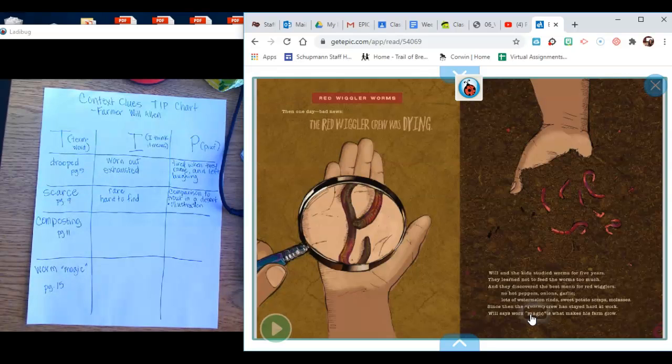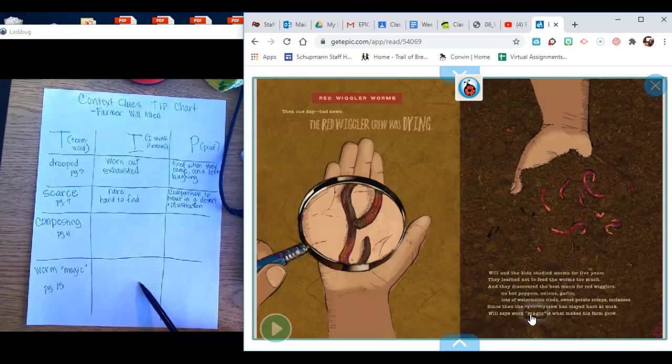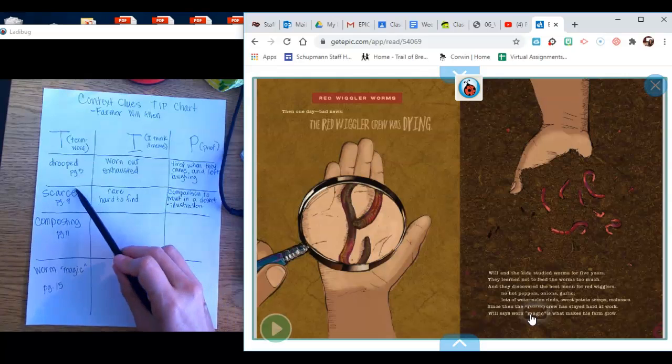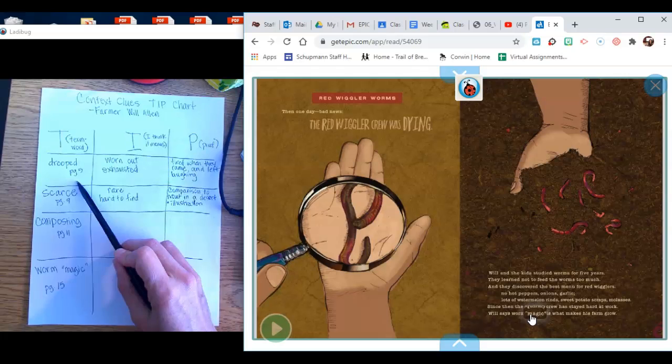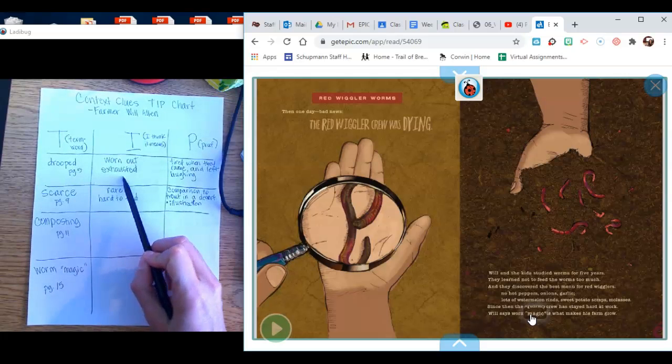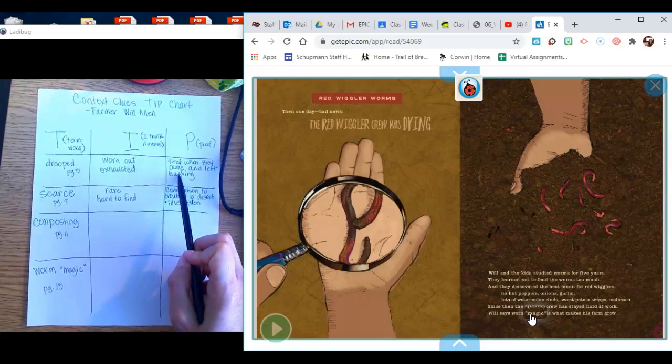But also included in your assignment is a Google form. Once this is filled out, that Google form is going to be incredibly easy because on the Google form, it asks you on page 5, what does the word drooped mean and what is the text evidence? You can write what you think it means and you can tell me what your text evidence is.